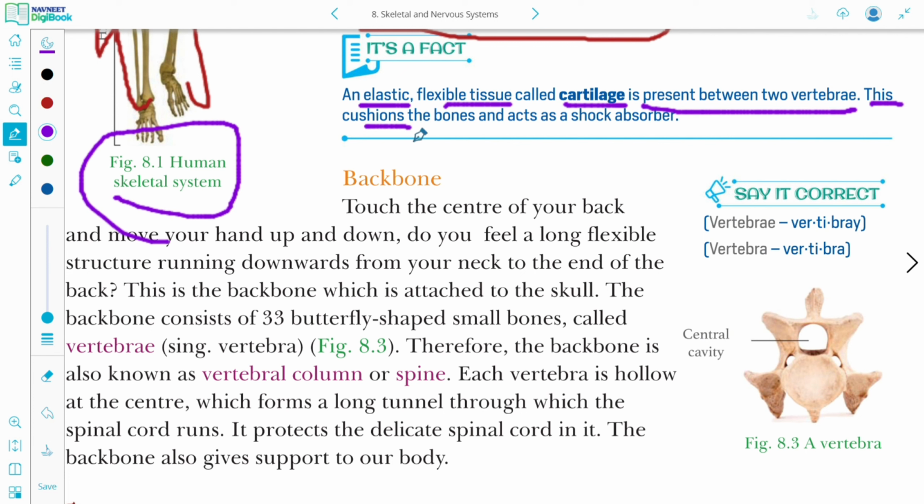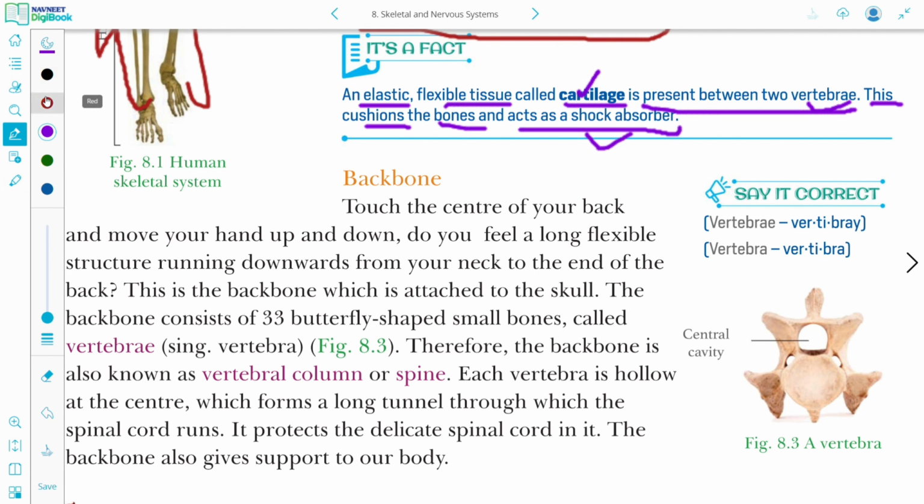This cushion, the bone act as a shock absorber. ठीक है, कार्टिलेज का मेन फंक्शन क्या है कि वो शॉक एब्जॉर्बर की तरह एक्ट करती है. कहाँ पे? दो वर्टिब्रा के या दो वर्टिब्रे के बीच में. ठीक है बच्चे. Now we will study about backbone.